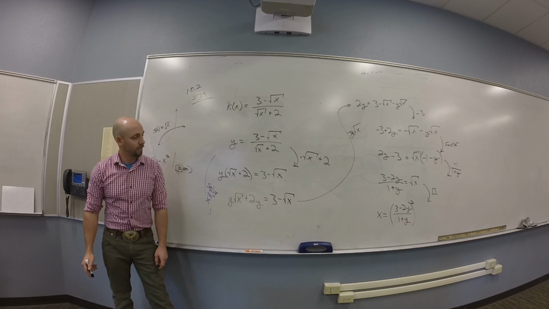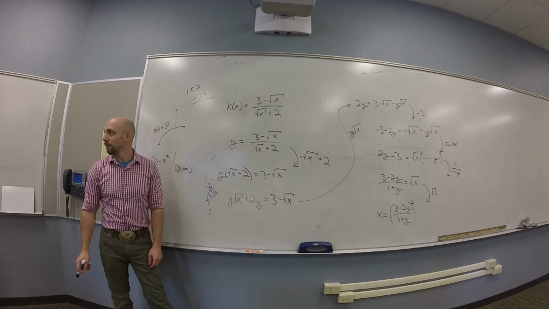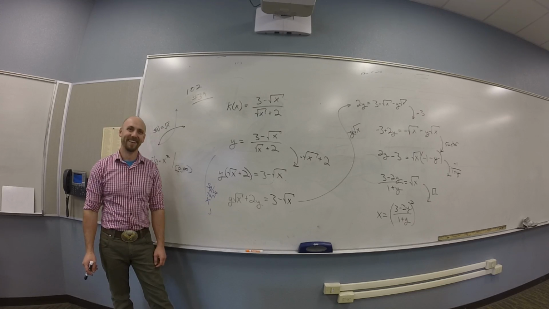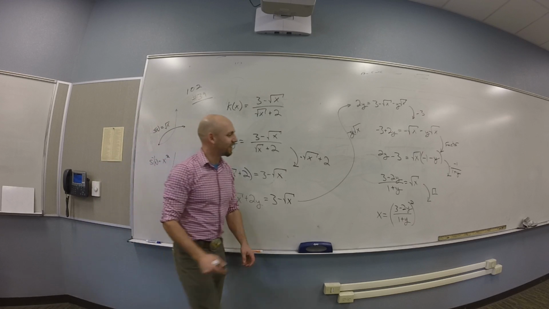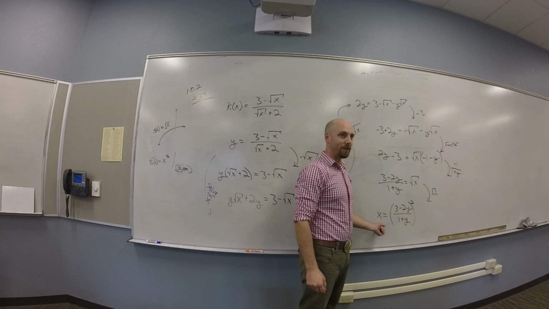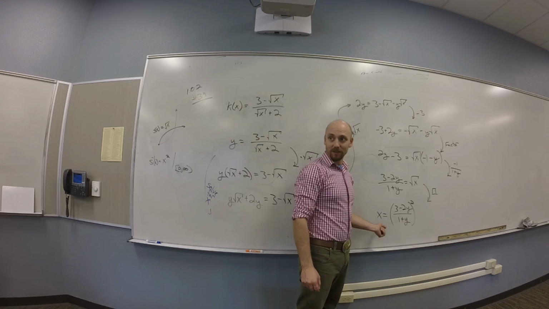Wait, no. Why am I confused? Well, now you go y equals, and then you put the x's back where the y's are. Inverse of x. So at this point, this is really how you go from a y and get back to the x. You see that?